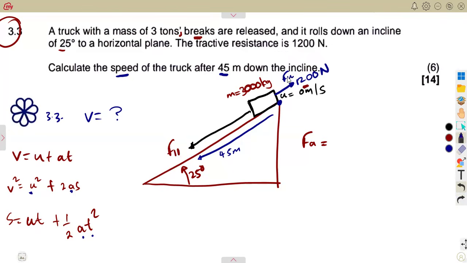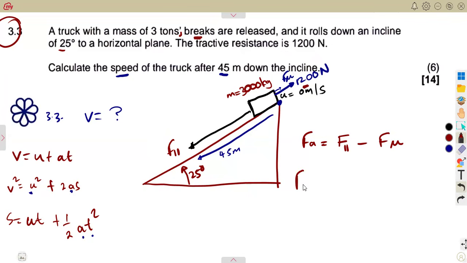Because we are also trying to accelerate, that will be the difference between these two. Just like what we saw previously, it was the total force minus the frictional. So you consider the force on the other side, the parallel component, opposed to the frictional force.